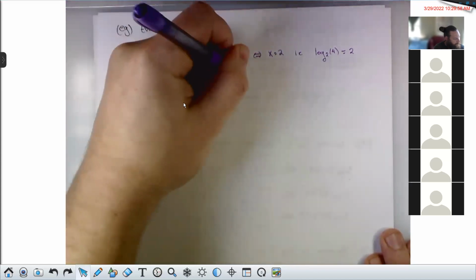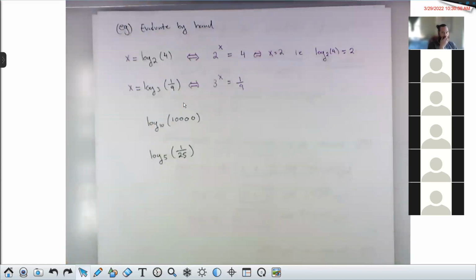And this one we may have to think about just a teensy bit more. To what power should I raise 3 if I want to get 1/9 out? -2.